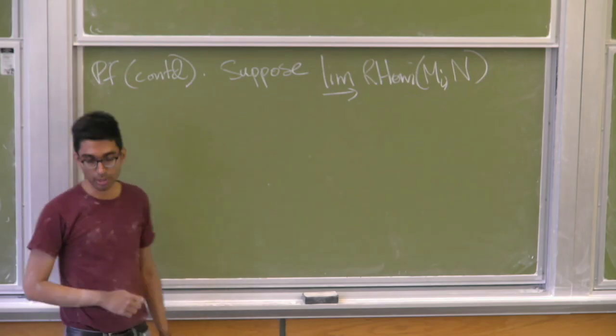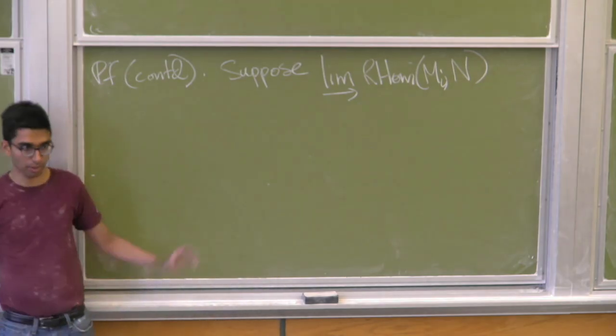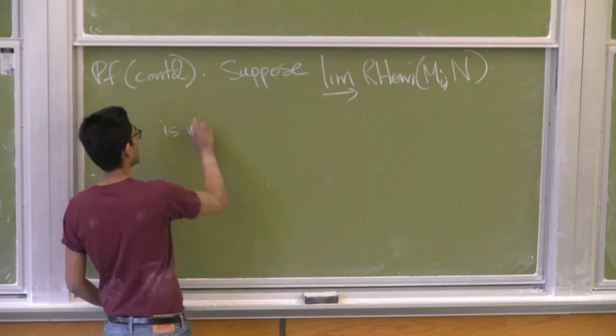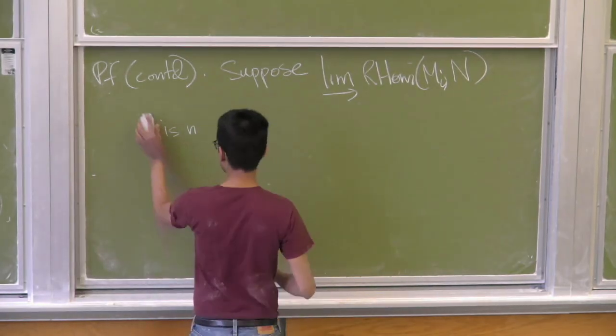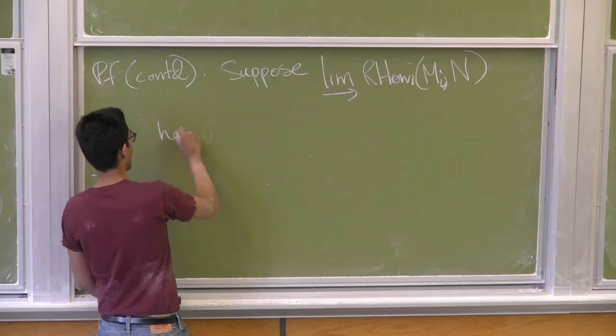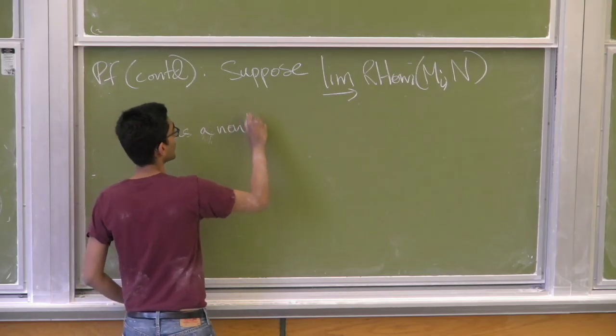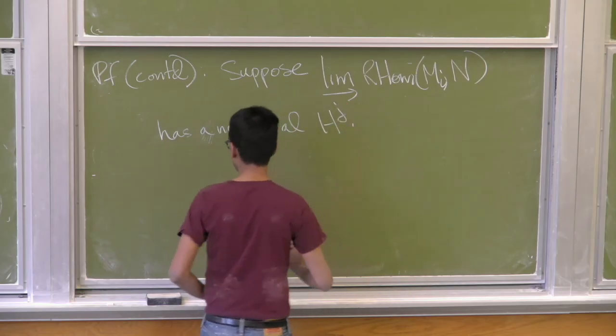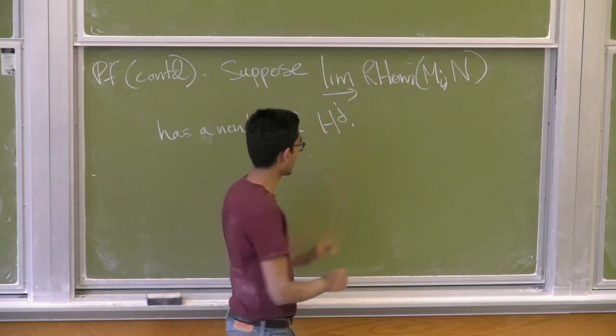So in fact, we just talked about x1, but in fact, we'll prove it for all the x. So suppose that this colimit has a non-trivial Hj.